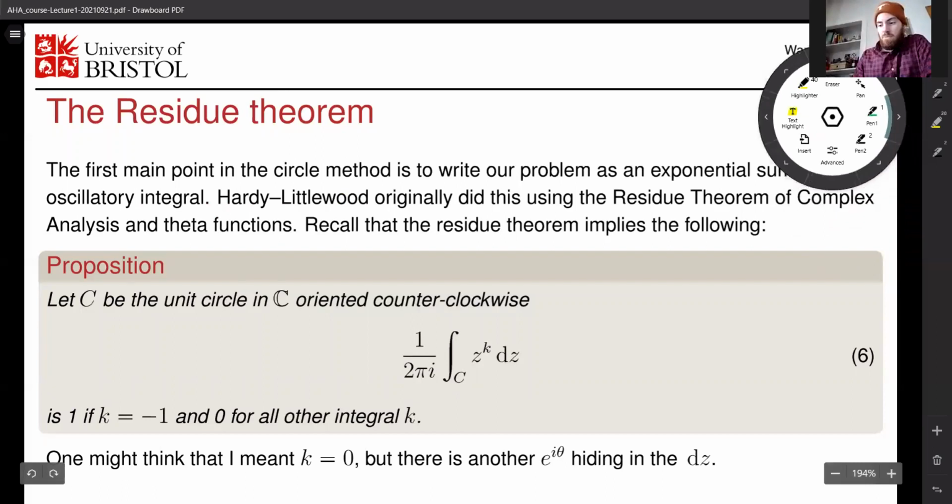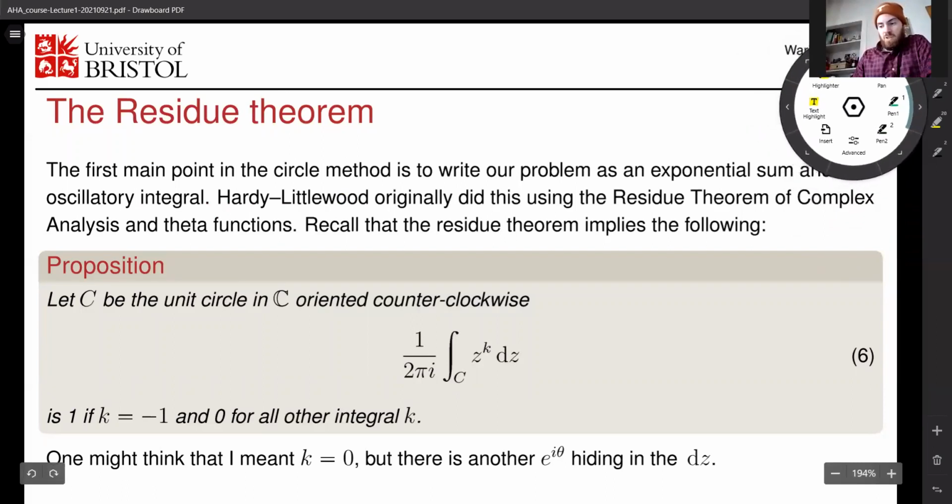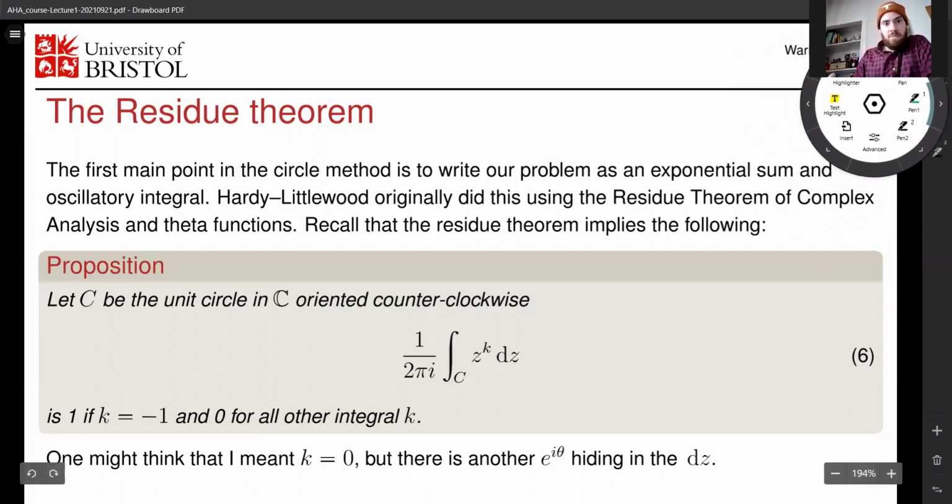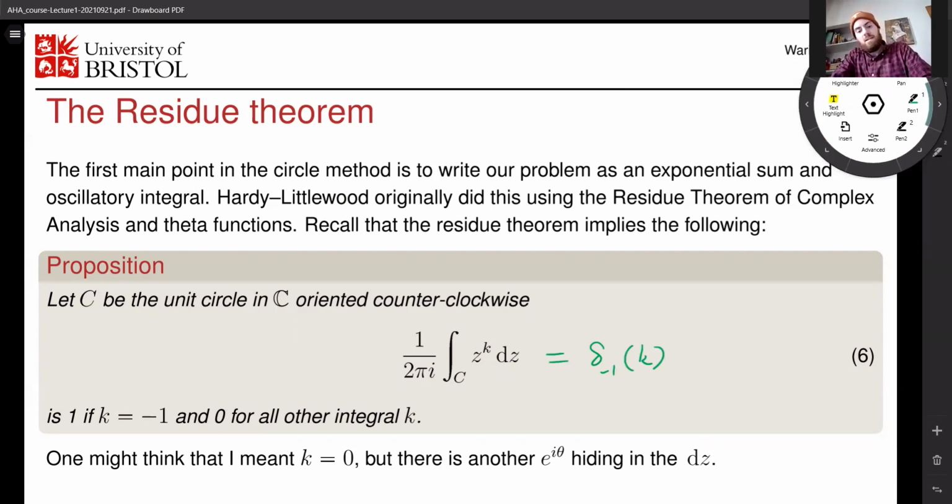I gave a different representation in the introduction, and we'll come back to that in a minute. But there's another way to write the delta function. So it turns out that the delta function at -1 can be written in terms of the residue theorem. The residue theorem tells you how to pick out the residue of a meromorphic function.